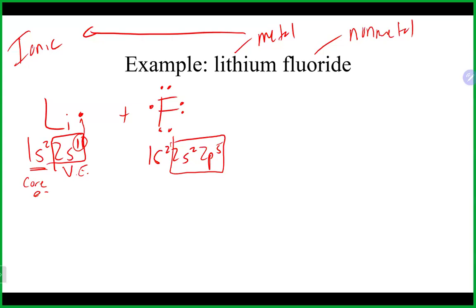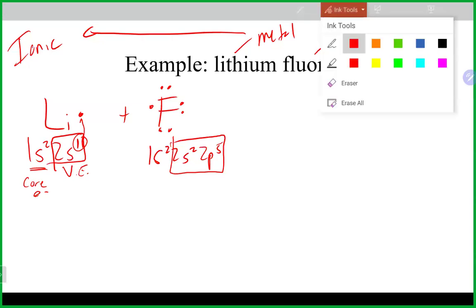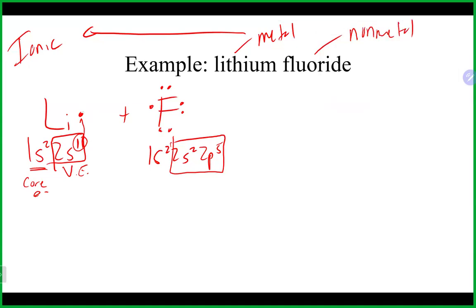Because of those periodic trends that we talked about, our lithium's going to go, take my electron, and the fluorine is going to go, thank you very much, I will. And we're going to get that transfer of electrons. The result is that it's going to form our ionic bond. Our lithium will now become +1 as it has lost an electron and now has more protons than electrons. And our fluorine in this case will become fluoride.